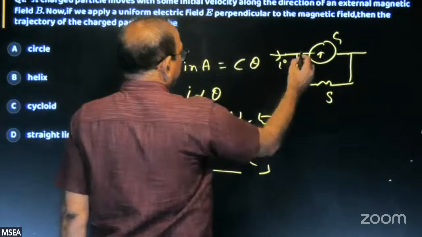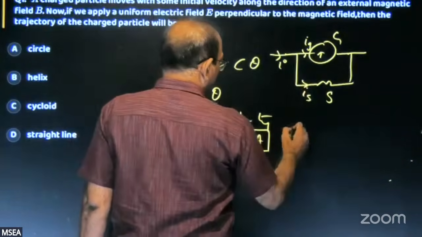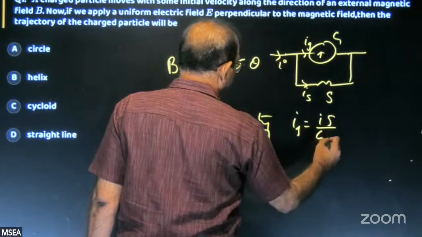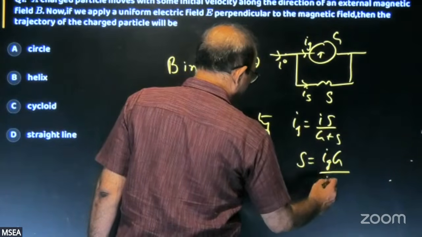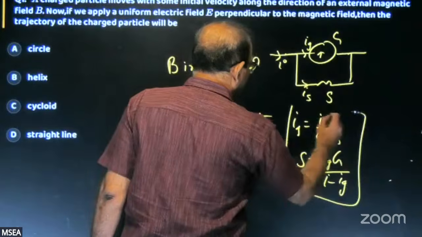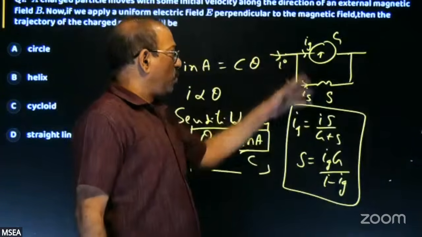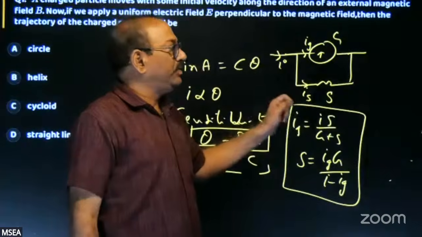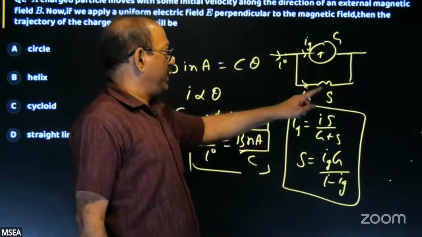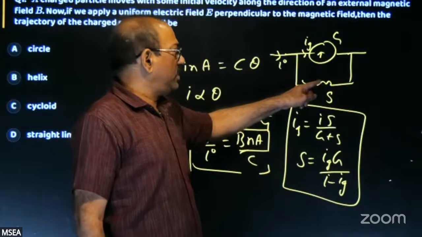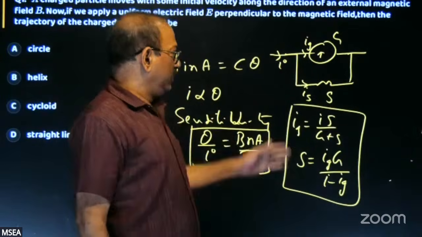If the total current entering is I, a part of it flows through the galvanometer coil and the remaining flows through the shunt. The current through the galvanometer is Ig equals I into S by G plus S. Cross multiplying gives the shunt resistance S equals IgG by I minus Ig. An ammeter should have low resistance; an ideal ammeter has resistance 0. The galvanometer is converted into an ammeter by connecting a low resistance in parallel, the shunt, but the ammeter must be connected in series only in electric circuits to measure current.